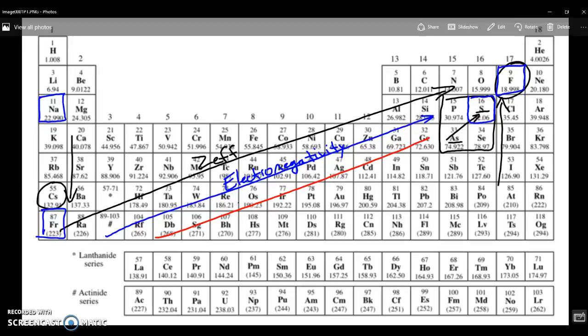So we have ionization and electron affinity.